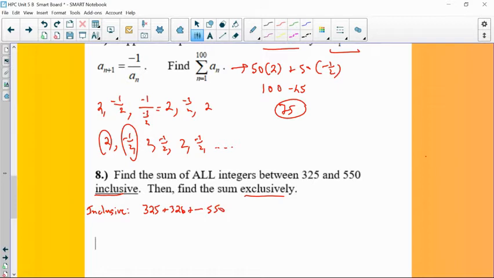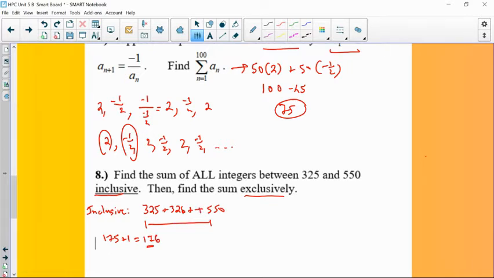So you're going to include those. Between 325 and 550, that's 175 numbers. But then I'm going to add one more. So 175 is our span, or our distance, and we add one more to find how many numbers there are. So it's 176. So I'm counting 176 numbers.